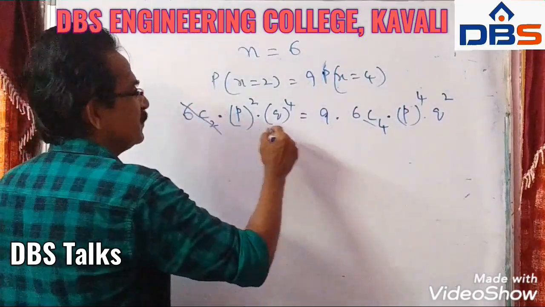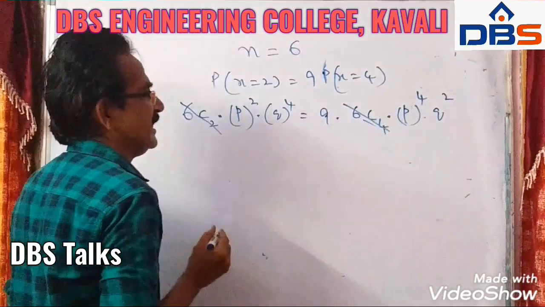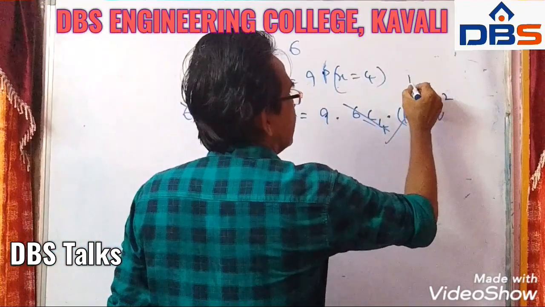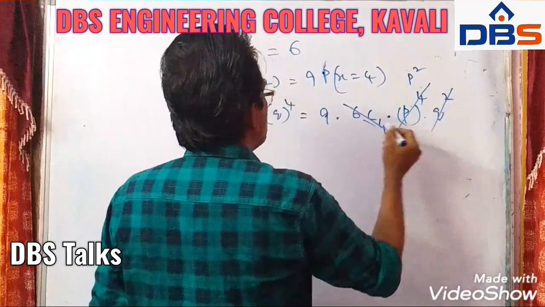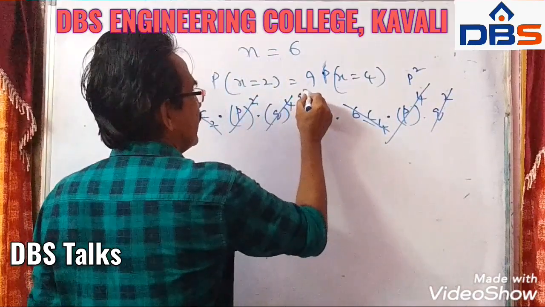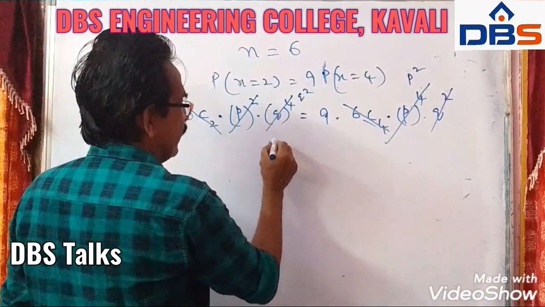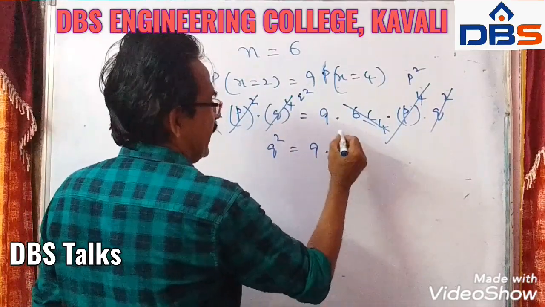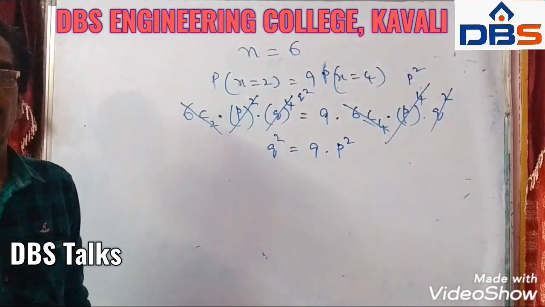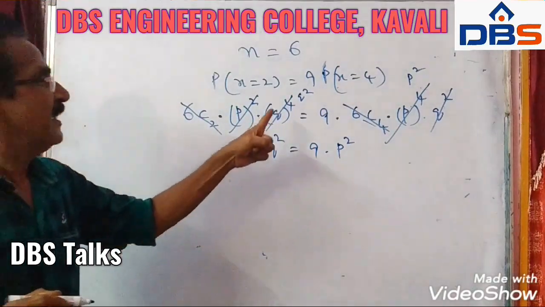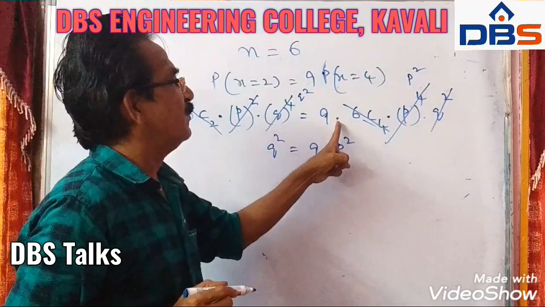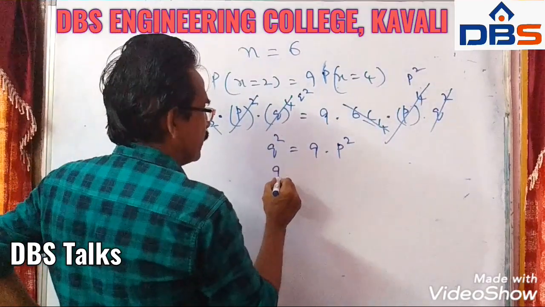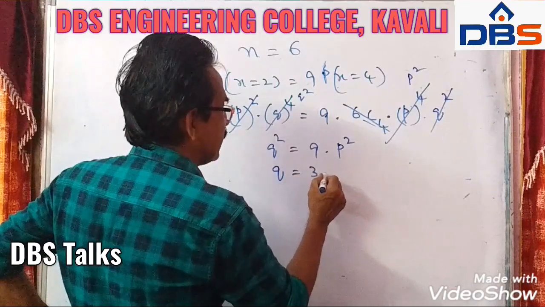So 6C2 and 6C4 get cancelled, and p square here, p square, q square here, q square. So q square is equal to 9 into p square, and q is equal to 3p.